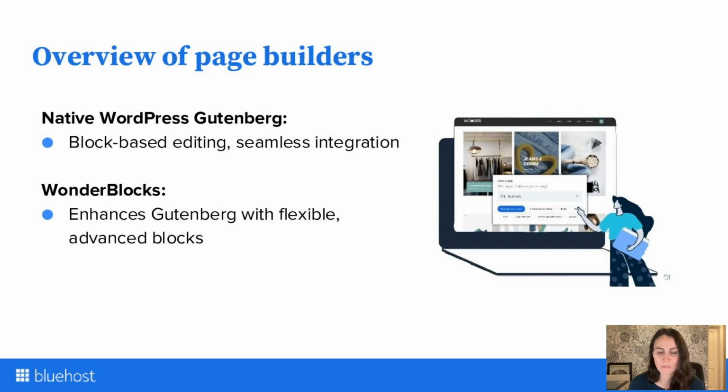Because this is a Bluehost demo, I will highlight that we do have our Wonder Blocks. It really is built upon Core Gutenberg, and it has really flexible, easy to use layouts and navigations that you can quickly use to throw together a landing page in seconds. And in just a minute, we'll dive into both of those.